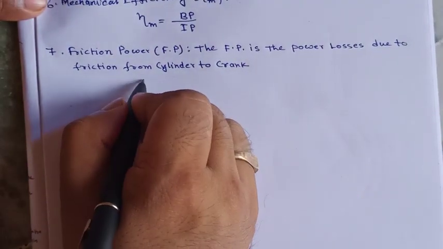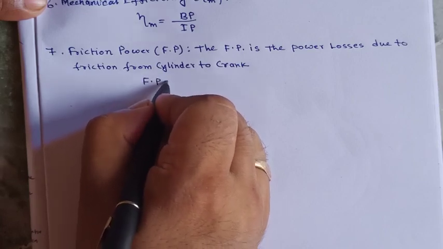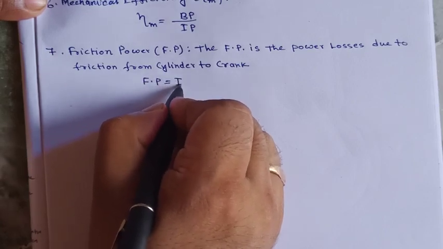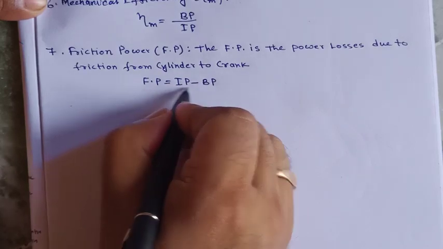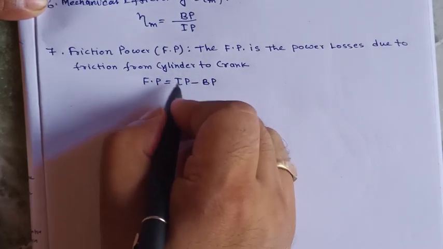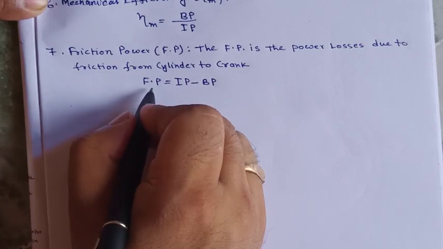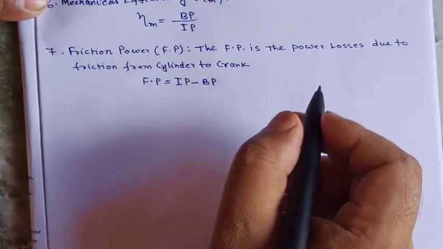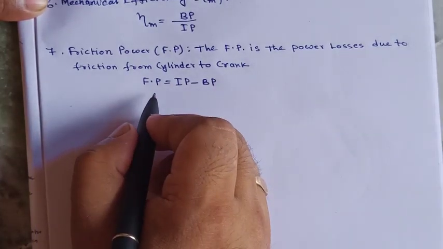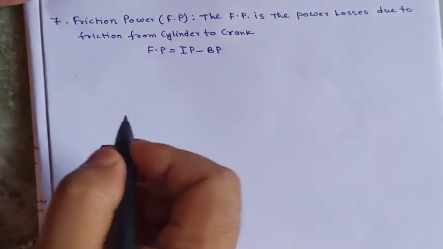That is FP equals IP minus BP. This amount of change of power is the friction power. That is the power which is lost by the friction. Okay, now 8.